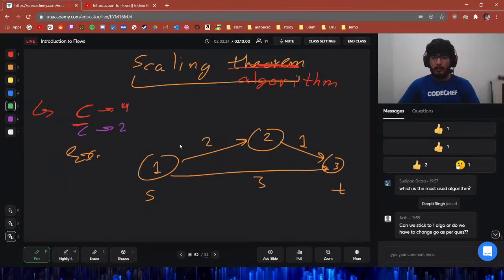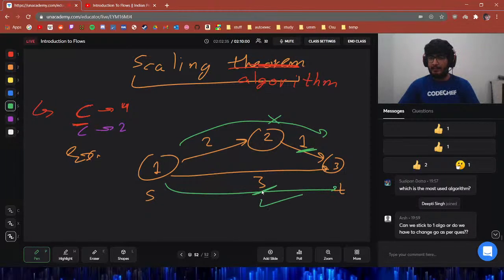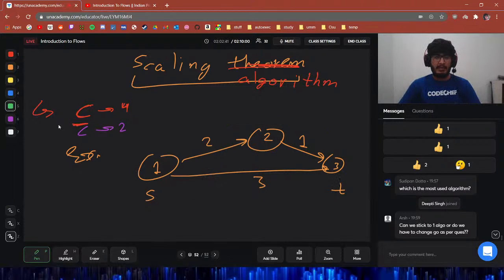When c is equal to 2, I cannot select this path because it has flow 1. But I can select this path because it has flow of 3, and as 3 is greater than or equal to 2, I can select this path. So let's also add the reverse edges. I'm going to subtract 3 from here and add 3 to here. So this is going to turn into 3.